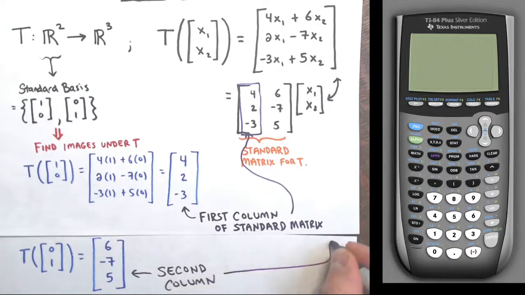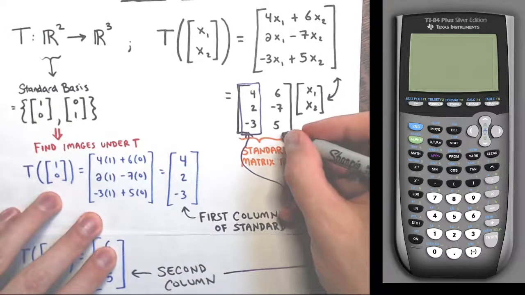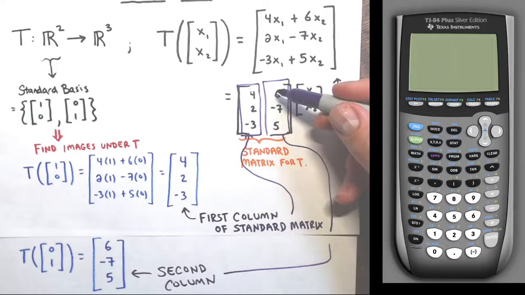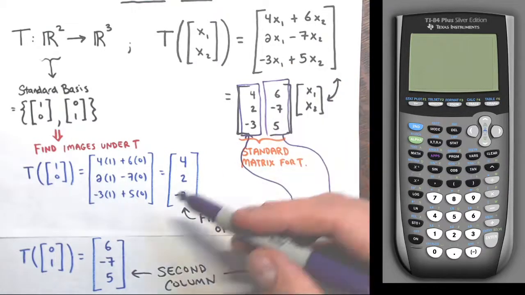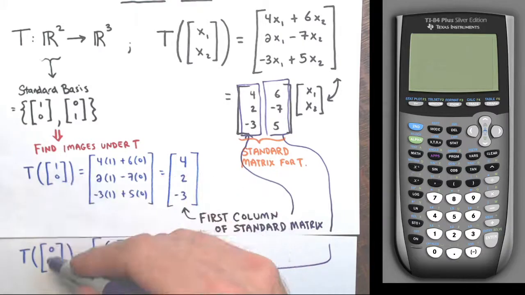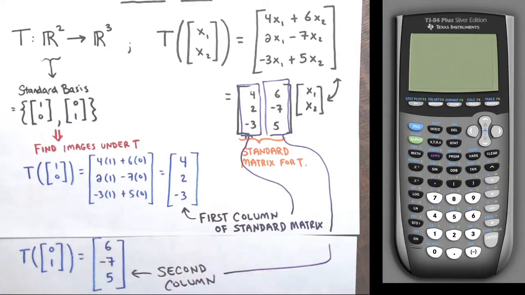And again, you can see that up here, 6, -7, 5, the second column of the standard matrix for T is just the image of the second standard basis vector from the domain. And that's it, because those are the only standard basis vectors for R2.